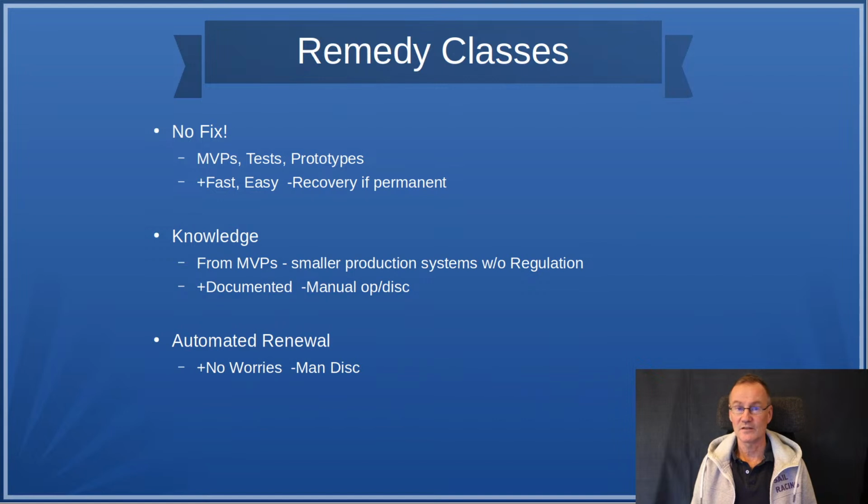The third one is automated renewal, and now we're moving into the territory where we have software either run by you or run as a service somewhere. So automated renewals, on the plus side, there's no worries. All your certificates will be renewed before they expire. But the first generation of these also have manual discovery of certificates. So you could actually miss one or two when you set this up.